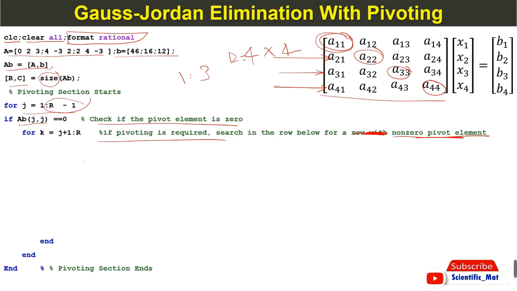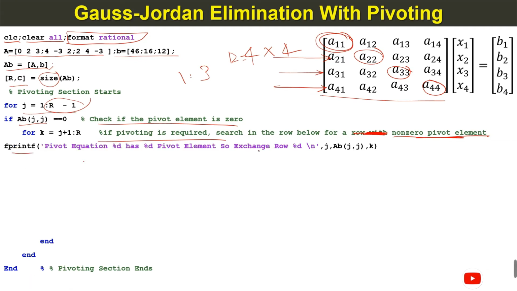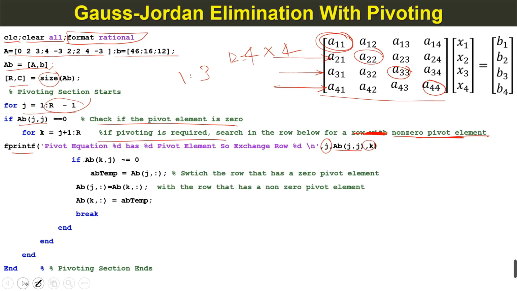Then this is used to print the number of the row and the pivot element that is 0, and we are switching the row. Here we switch the row that has a zero pivot element with the row that has a non-zero pivot element.